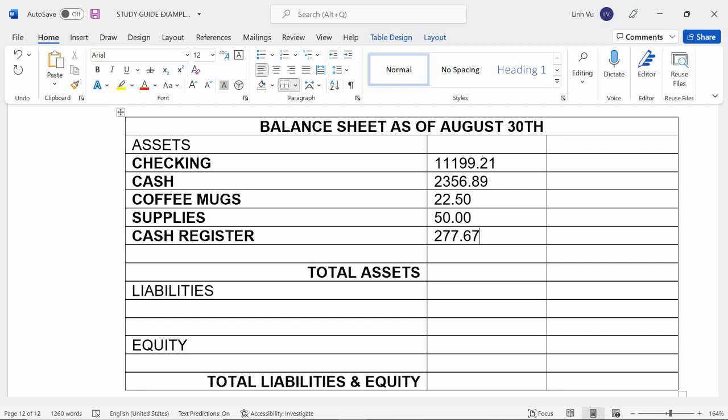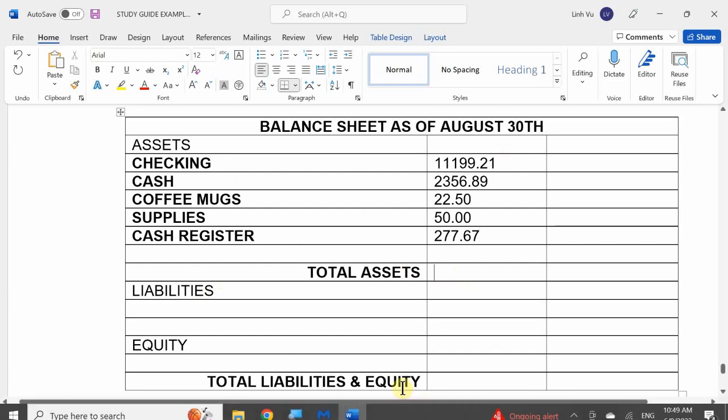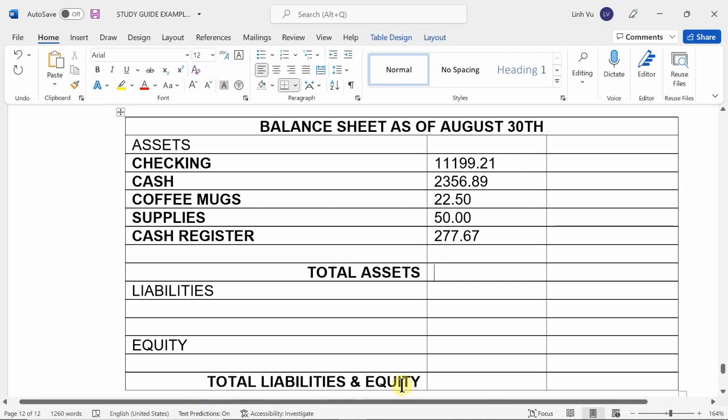Now again, you can have it on the side. It just wouldn't count as part of your assets because it reduces your assets, right? That could be something you can consider as well. All right, so then you can go ahead and tally up your totals here to get your total assets.